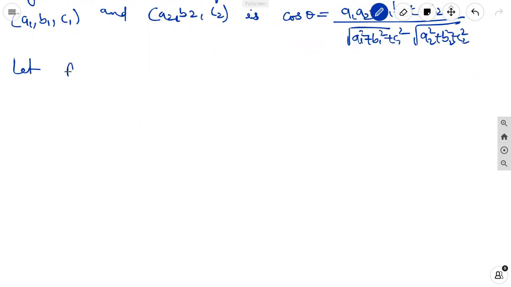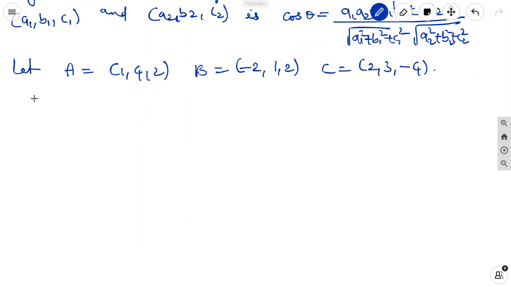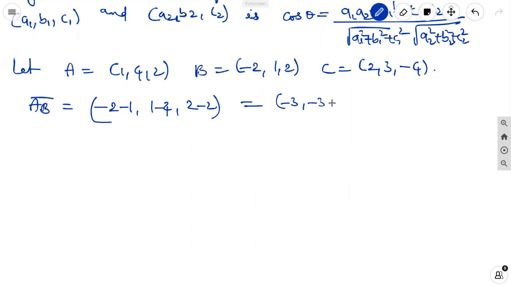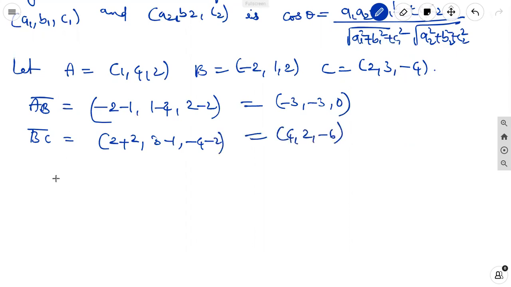Let A equal to (1, 4, 2), B equal to (-2, 1, 2), C equal to (2, 3, -4). Find out AB line, that is -2 minus 1, 1 minus 4, 2 minus 2, equal to (-3, -3, 0). And BC line, 2 minus of minus 2 plus 2, 3 minus 1, -4 minus 2, equal to (4, 2, -6).